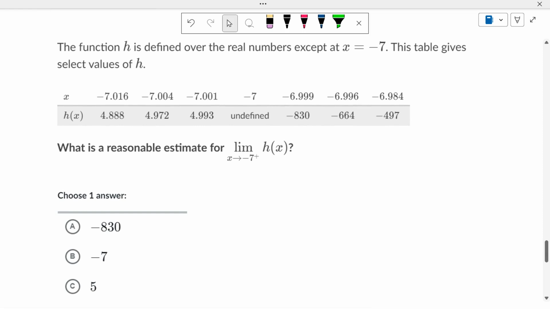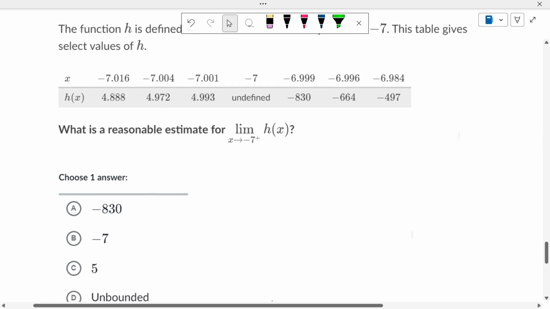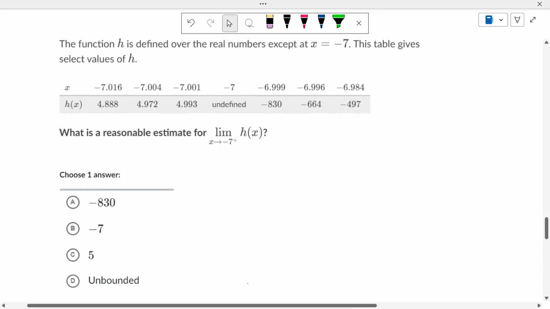This function is defined except for at -7 where it's undefined. This table gives you the values of h. As you're going towards -7, what's going on here? So we want to find what's happening as we go towards -7 from the right, because there's a plus sign up here. From the right, what is going on?